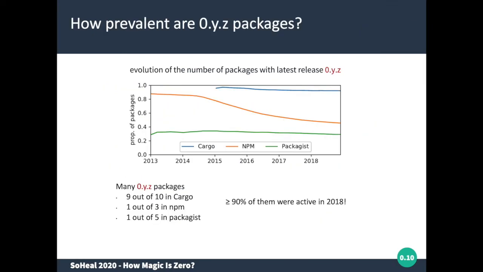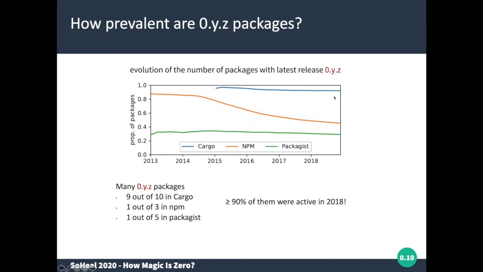So let's start with the first question and look at the prevalence of package releases within the 0 major version range. If we look at the data, then we see that in the majority of cases, especially for Cargo, like 9 out of 10 packages actually have a major version number 0. So it's really a very high number.